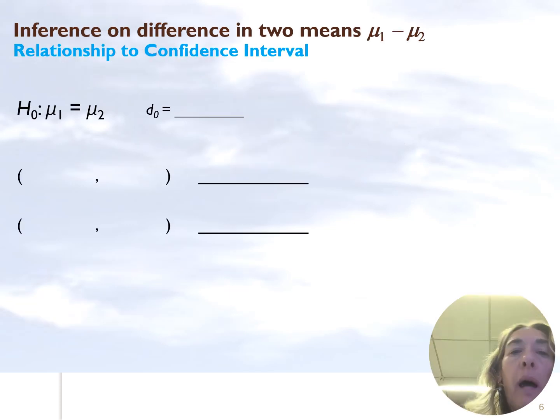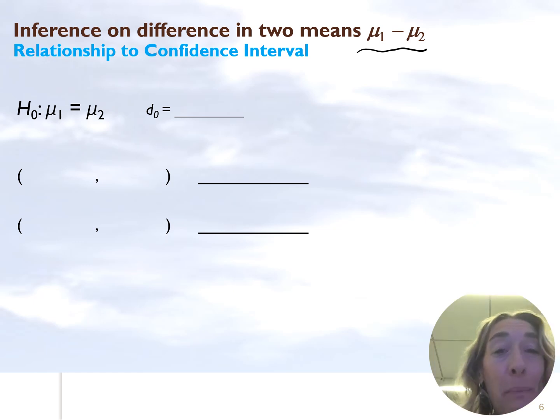Finally, I want to talk about the relationship to a confidence interval in discussing performing inference on the difference in two means. And of course, we've been talking about, in this particular video series, two dependent means. Again, this particular relationship applies whether your means are independent or dependent, but let's review it again.